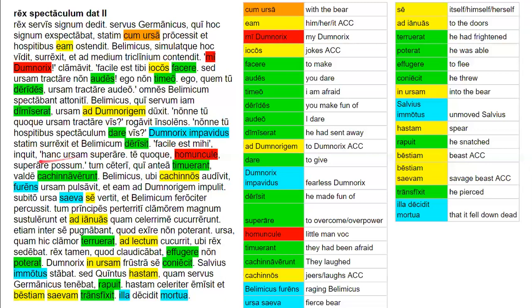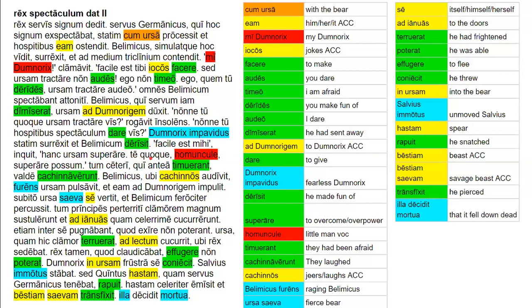Facile est mihi, inquit, hanc ursam superare, te quoque, homuncule, superare possum. So this is the same construction we've seen before of neuter adjective plus est plus dative plus infinitive plus direct object. So it is easy for me, he said, to overcome this bear.